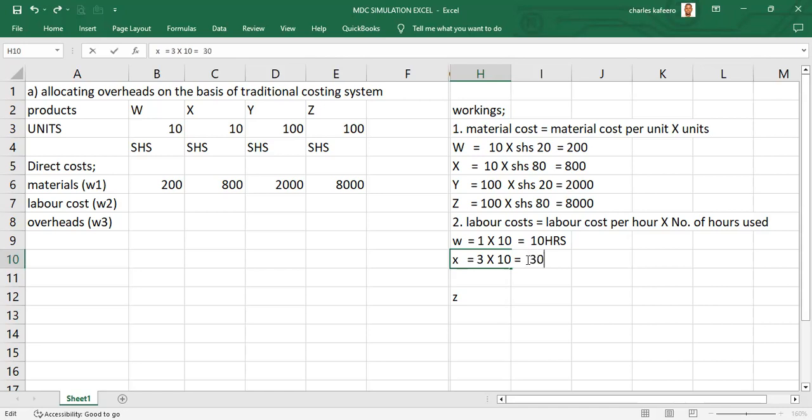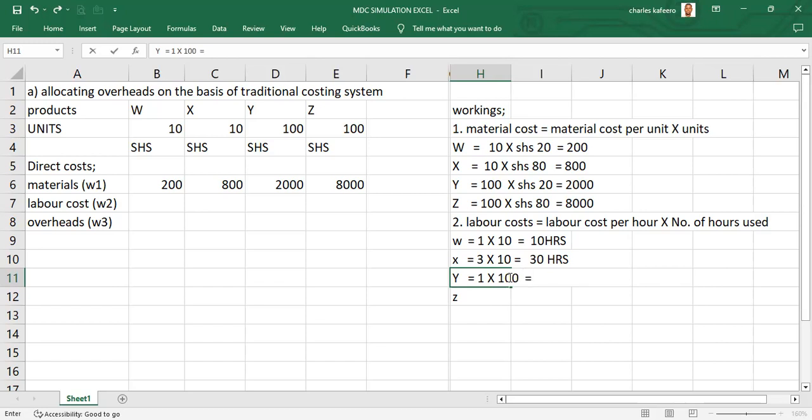This will give us 30 hours. Then we also compute for the product Y, where we say this is going to be 1 hour that is needed to produce product Y. Then we multiply by the number of units, which are 1,000.